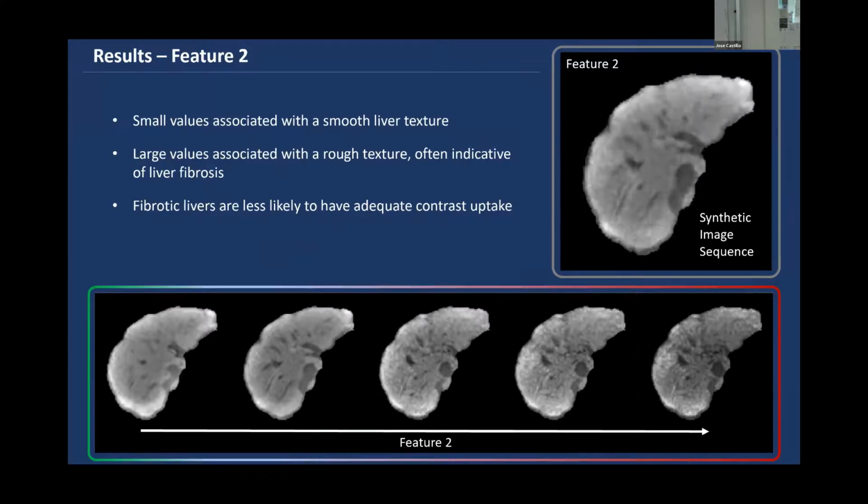Now this is indicative of something like scarring or fibrosis, like liver fibrosis up until cirrhosis. And this feature was actually significantly and negatively correlated with the outcome, right? The higher this feature, the more likely it was to be suboptimal. And this makes sense because fibrotic livers, they're unhealthy, so their liver cells are unhealthy.